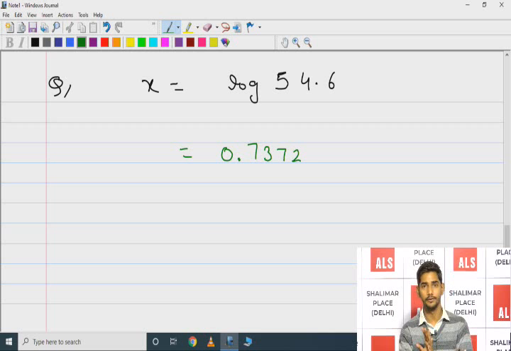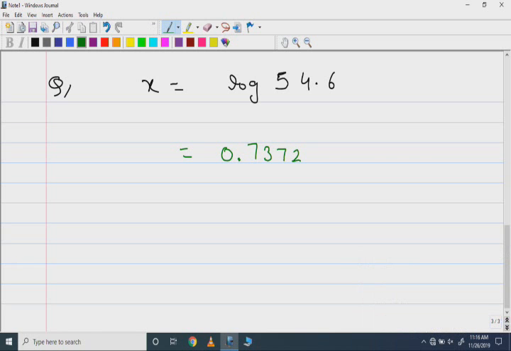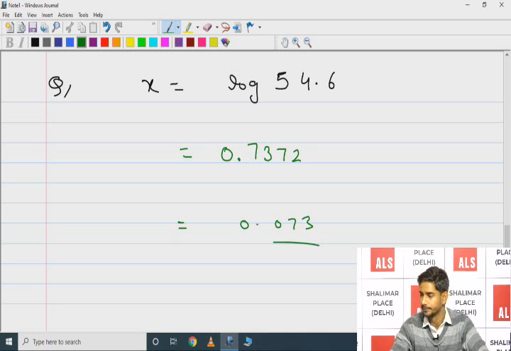Okay, I haven't solved this question. 0.073. Remember that in the log table there must be 4 digits. There must be 4 digits. According to you, 0.073, there are only 3 digits. This is not possible. There must be 4 digits.